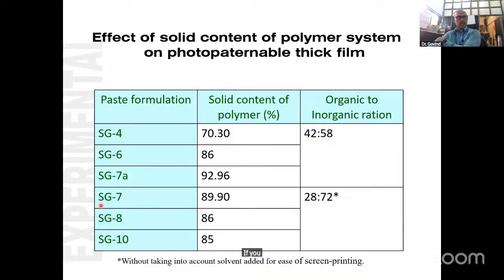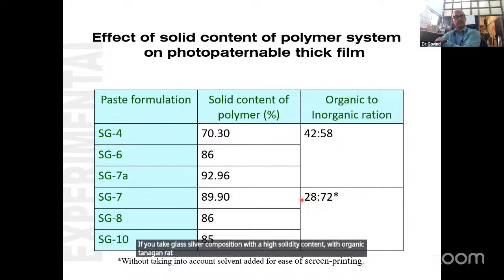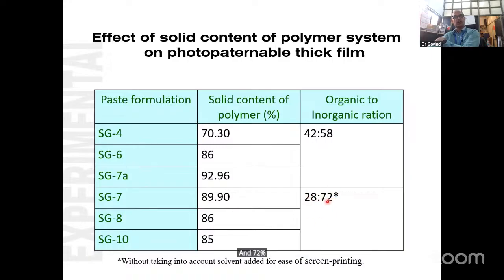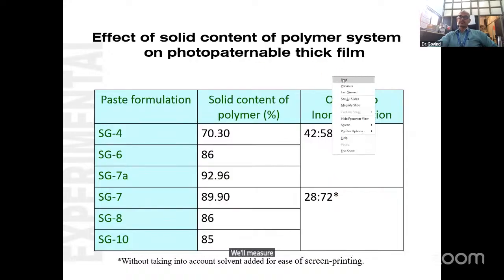The other is a glass silver composition with a high solid content, with an organic to inorganic ratio of 28% organic and 72% inorganic, that is the silver composition. So we will take two distinct compositions to understand how XPS measures and analyzes the surface.